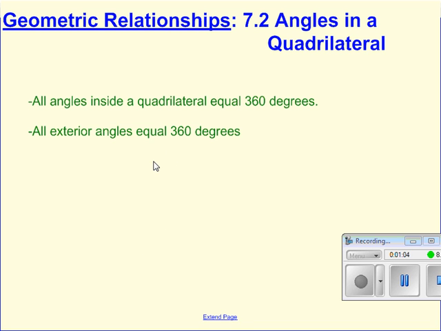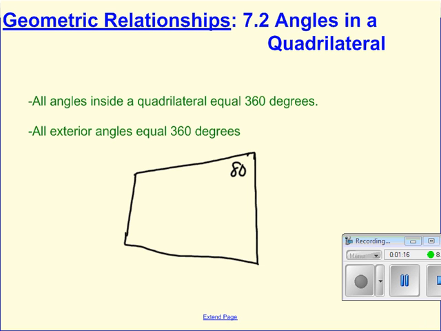So for example, let's say I have a quadrilateral like so. I have one angle at 80 degrees, another at 35 degrees, and let's say this one is at 75 degrees.